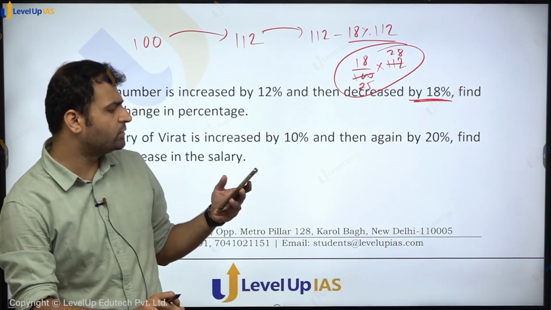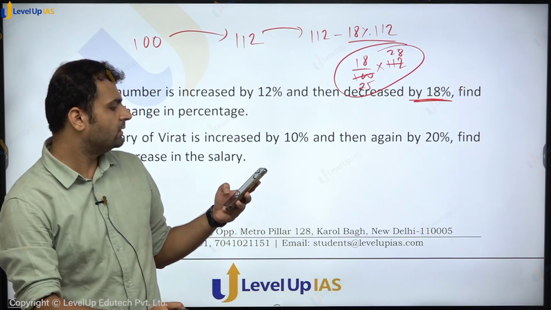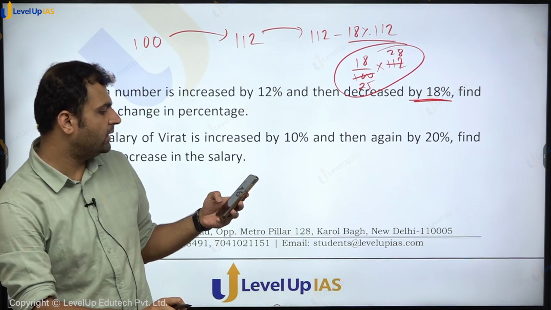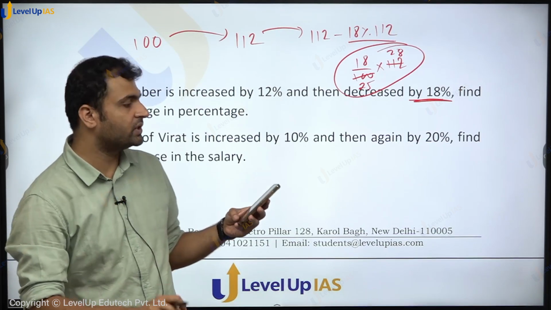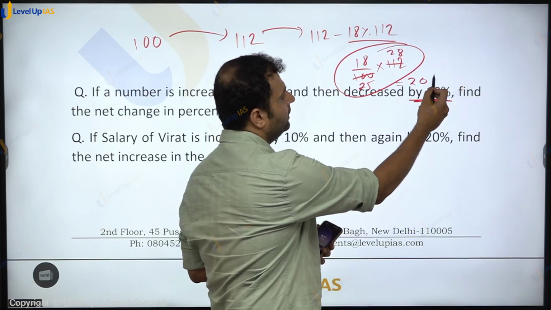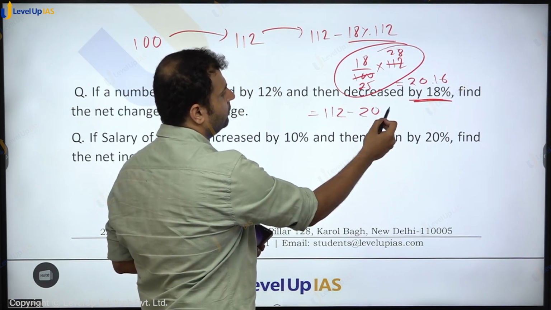I'll just calculate it using a calculator. 18 into 28 divided by 25. So it is 20.16. So it will be 112 minus 20.16.